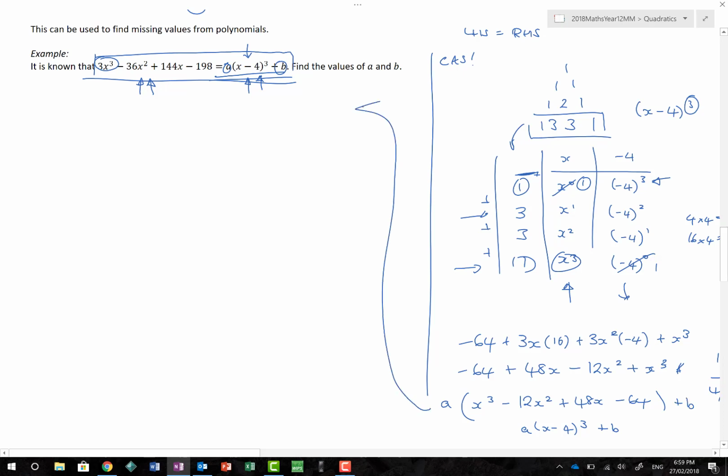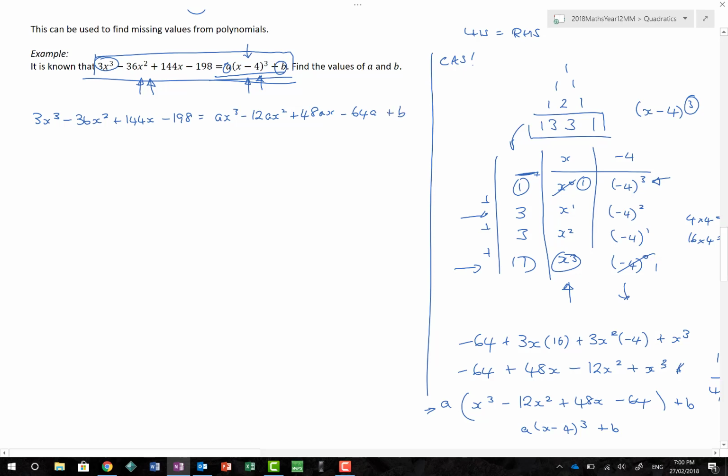So taking this equation up now and multiplying it out, and still keeping the equation, we've got 3x cubed minus 36x squared plus 144x minus 198 is equal to ax cubed minus 12ax squared plus 48ax minus 64a, and we're going to plus b.